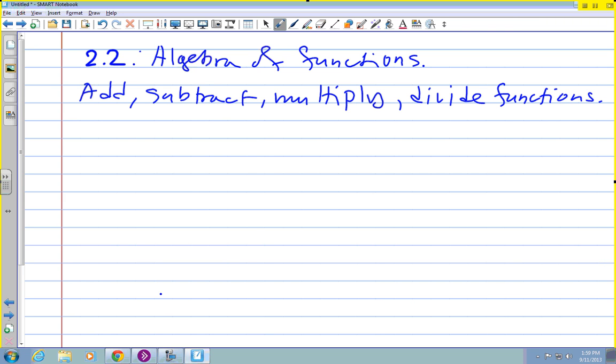Just like with any two numbers, you can do those 4 operations. Now with functions, there's going to be one more operation that we can do, and we'll study that in the next section, 2.3. But for now, these are just the 4 operations. And they do exactly what you think they would do.